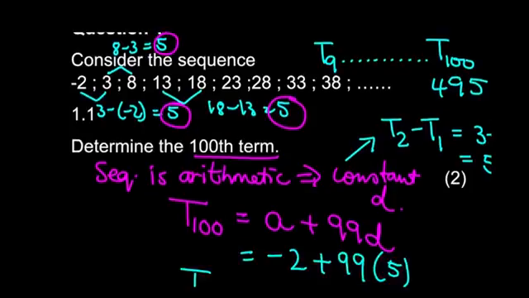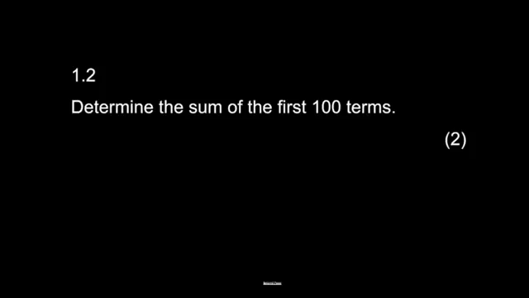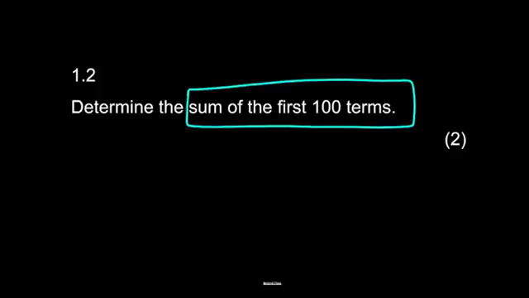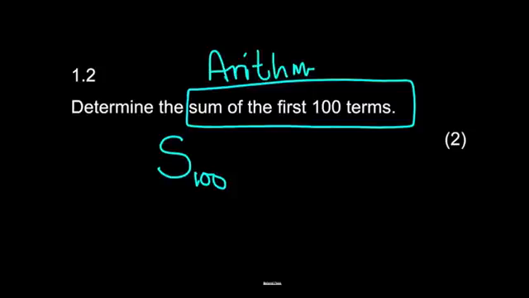Okay, so next up is what is the sum of the first 100 terms? Now, in this case, there is a formula for the sum of 100 terms. Remember, there are 3 types of sequences you work with.